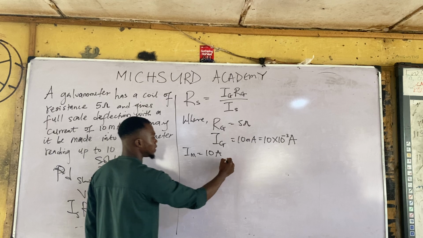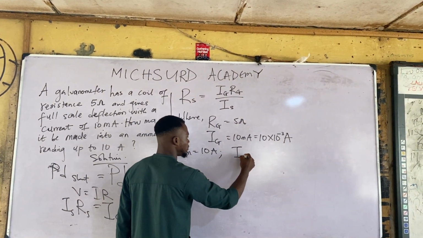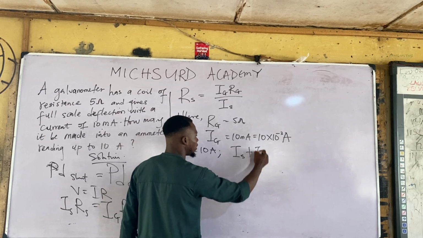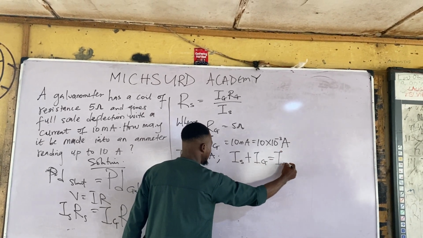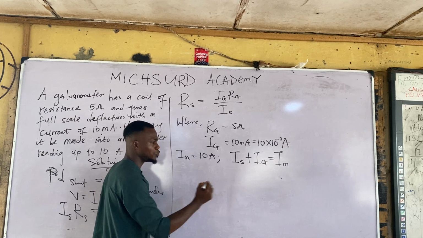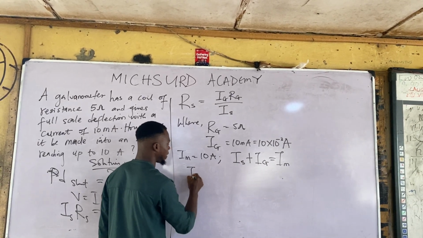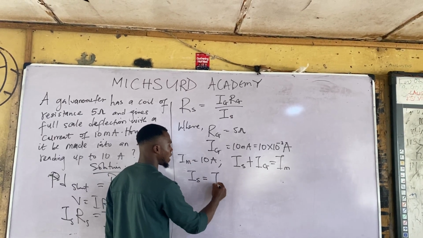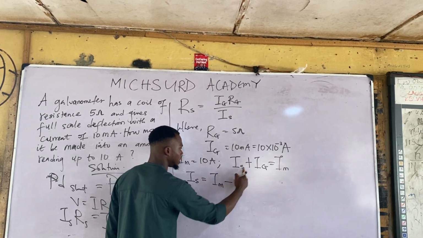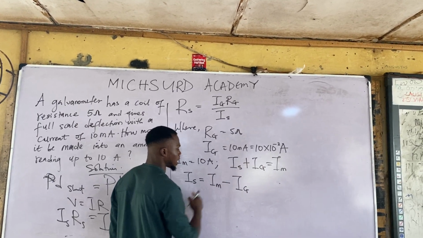So we have the maximum current as 10 ampere. Now from our relation, the current in the shunt plus the current in the galvanometer gives us the maximum current. Which implies that I can get the current in the shunt by making it the subject of the formula. I have Is equal to Im minus Ig.